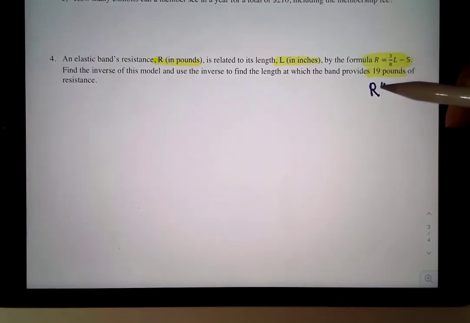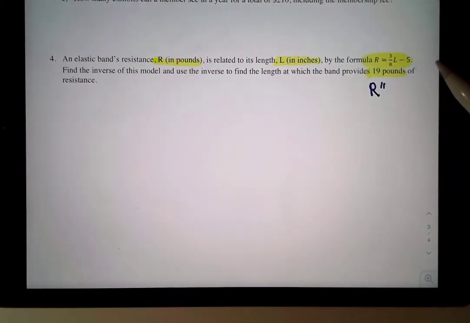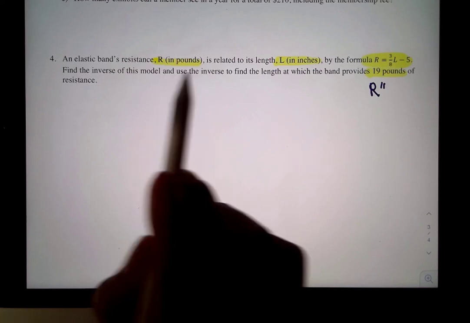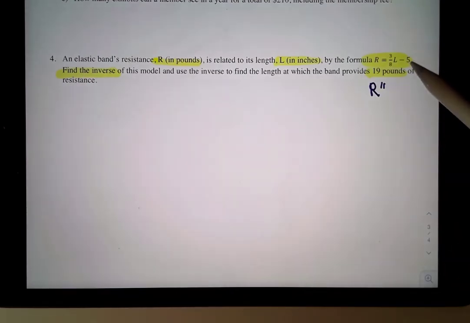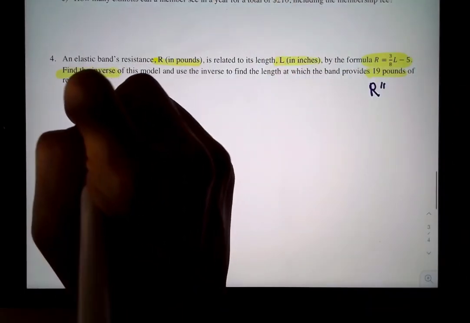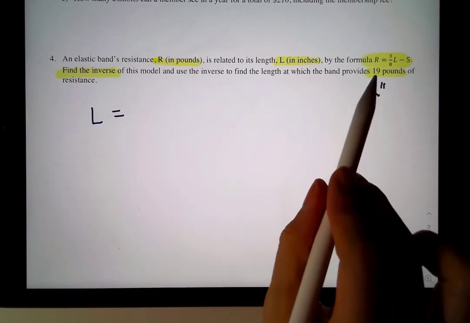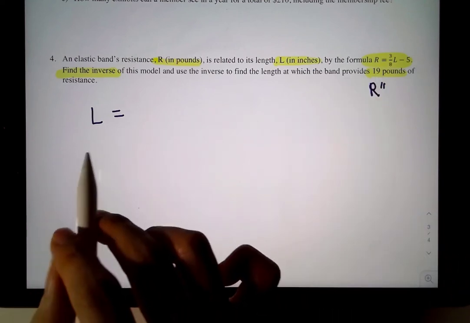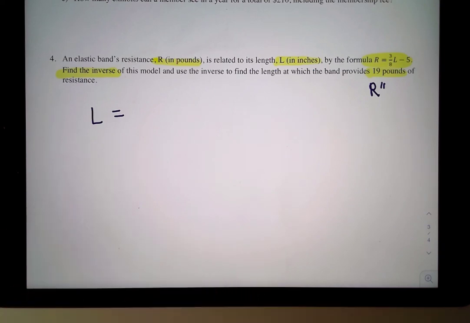So you need to put 19 into R and you will get your L. But before that, I want you to find the inverse function of that one. So I want you to get L equals something, and after that you put 19 into R and get the actual value for L.